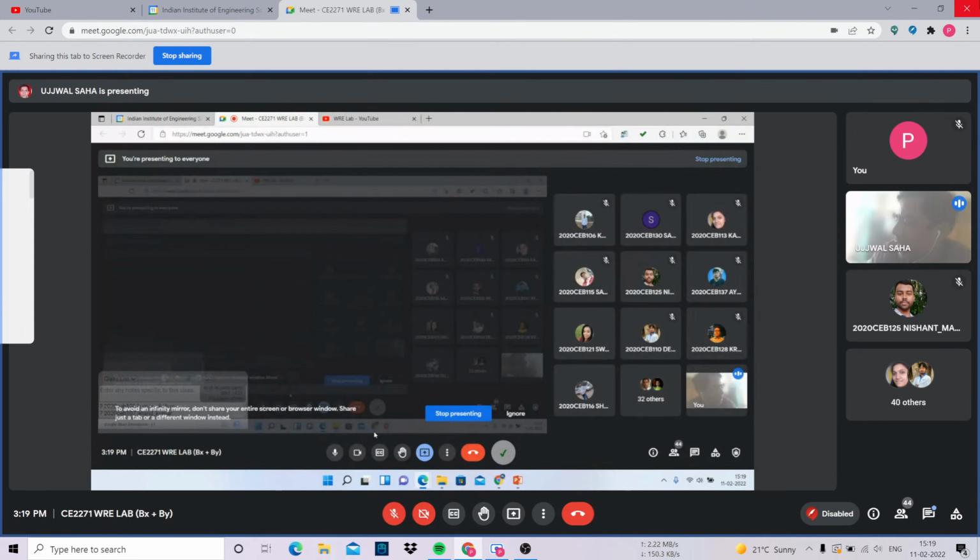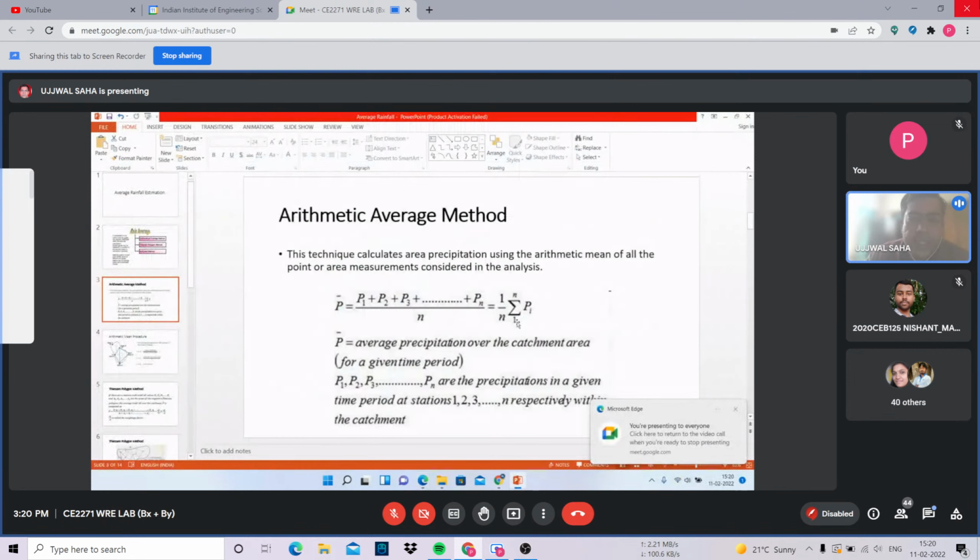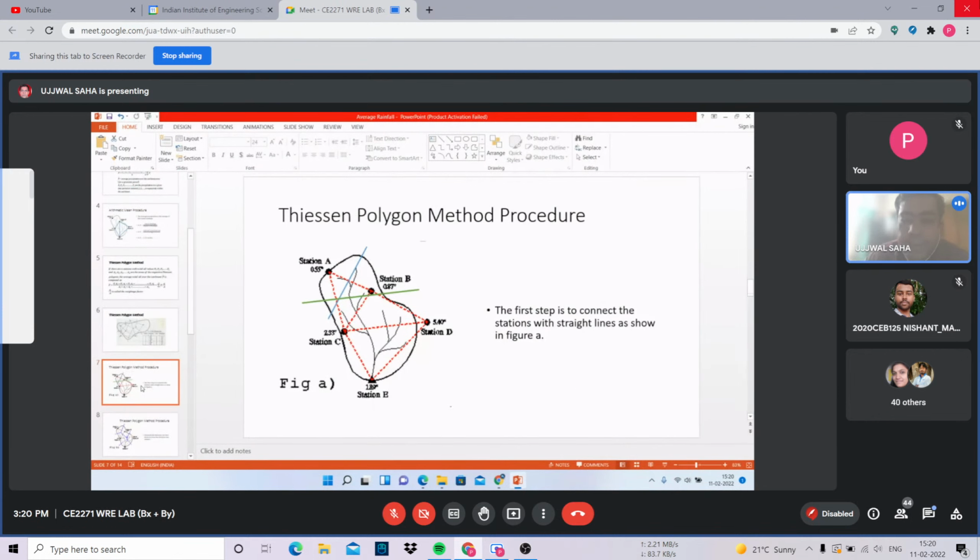So that is our assumption in the Thiessen polygon method, based on distance only. Whereas in your arithmetic mean, the influence is the same. So based on distance only, I am separating the area.